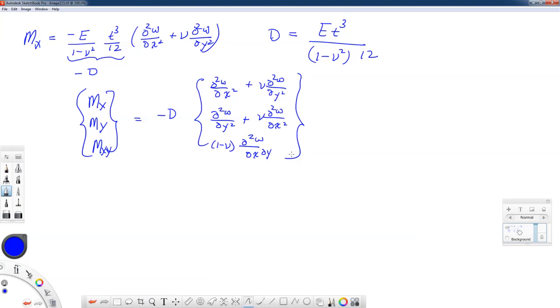Alright, let's go back to stresses now. I'm not going to paste this, I'm just going to write it down. Now recall that we had sigma x is minus E times z over 1 minus nu squared, times the second partial of w with respect to x plus nu times the second partial of w with respect to y.